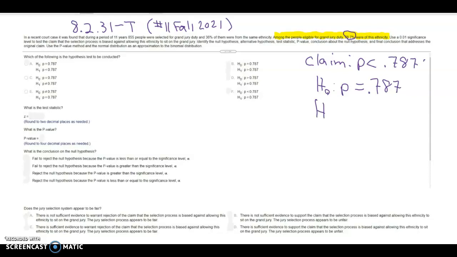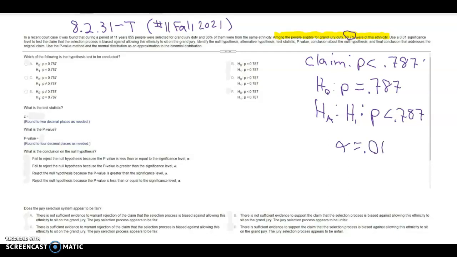And the alternative hypothesis, you might see it as HA or H1, is going to be the same as the claim, because the claim does not include equality, so you can use the same symbol. So p is less than 0.787. It's also worth noting here, because on a written assignment we would note this next, that the alpha level we'll be using in this problem is 0.01.